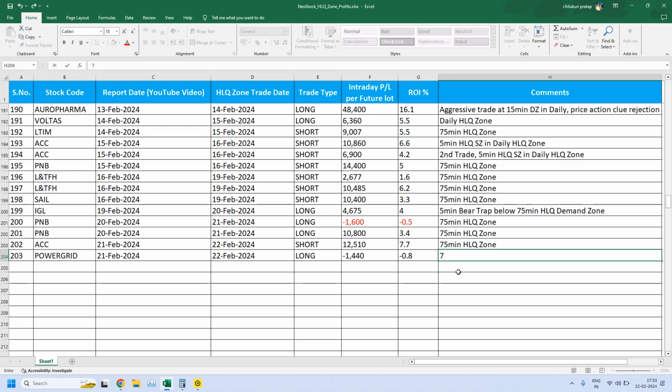This is a 75 minutes high liquidity zone. This power grid is a 75 minutes high liquidity zone. Because we got negative, for easy identification, I am giving red values for these values. Next again, power grid. One more trade we took, and this is a successful trade.